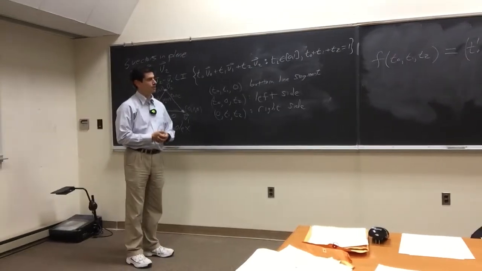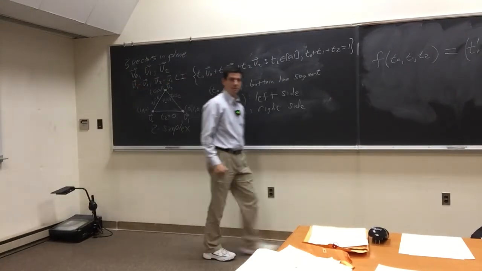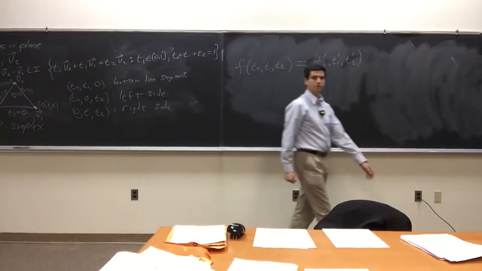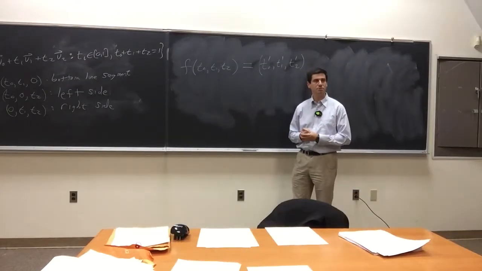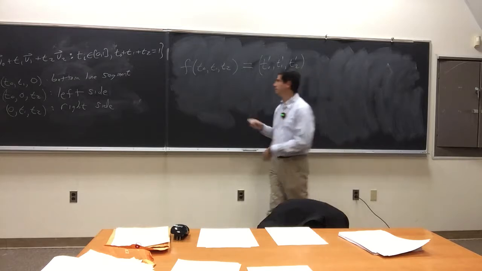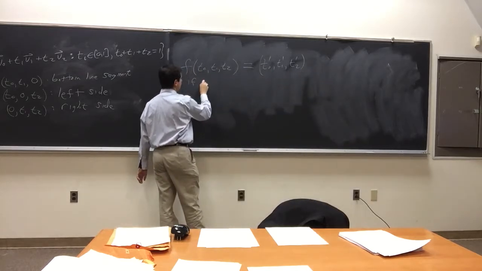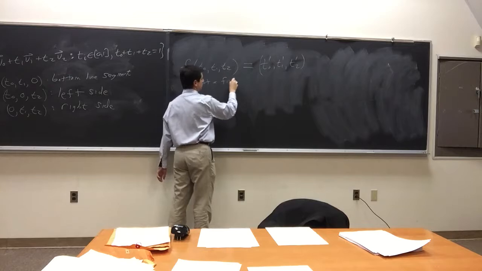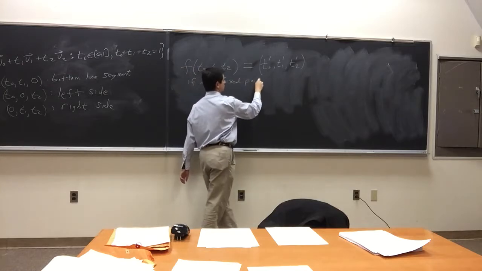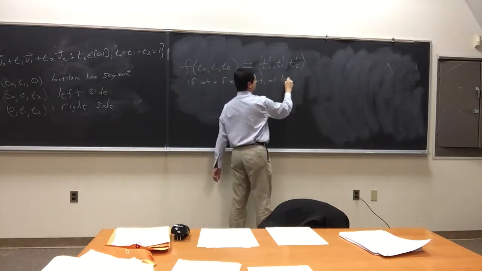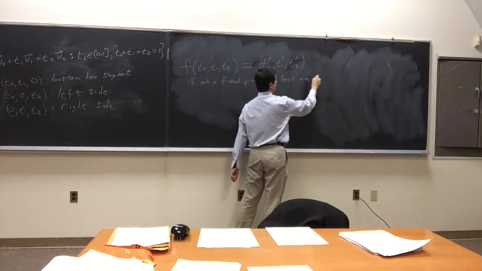Now, at a fixed point, all the t's equal the t primes. If we're not at a fixed point, what must be true? At least one is off. So if not fixed point, at least one differs.